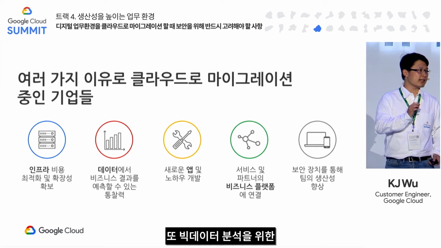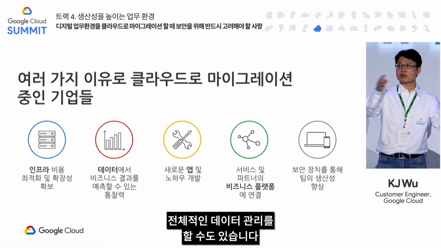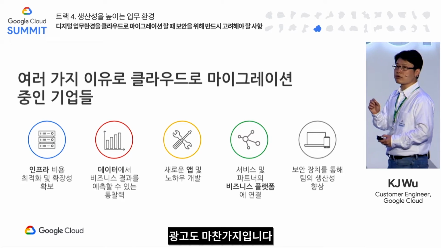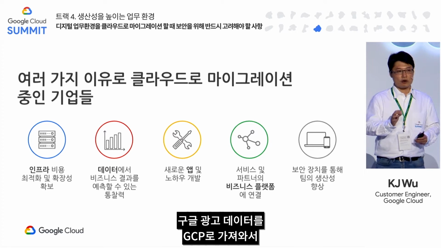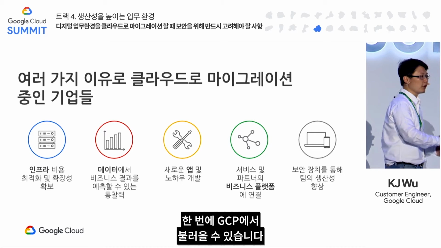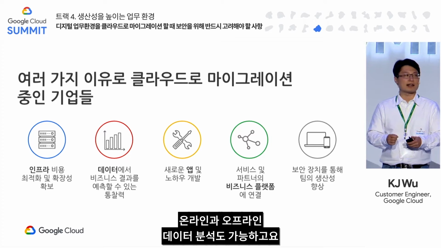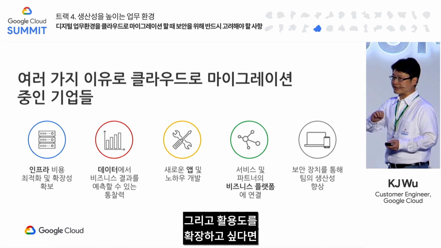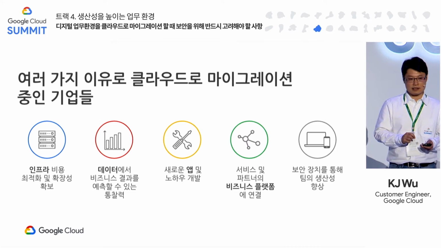You can also find sections on how to manage your data end-to-end for big data analysis, including ads. If you use Google Ads, you can also bring that data into GCP in one stop. You can do online and offline data analysis, and extend that with machine learning to even do prediction.